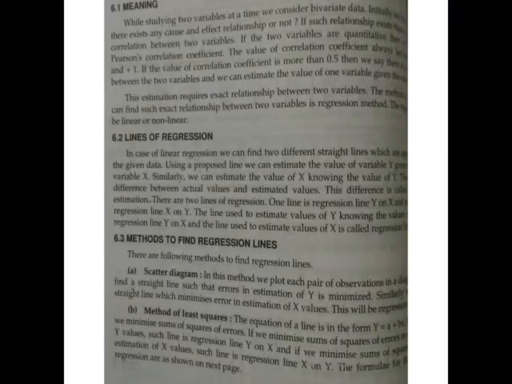Now after knowing how to calculate arithmetic mean, median, and standard deviation, we are moving to the next part of your syllabus, that is the linear regression analysis. So what it means: if two variables are there at a time, then we have to check whether a relation exists or not.